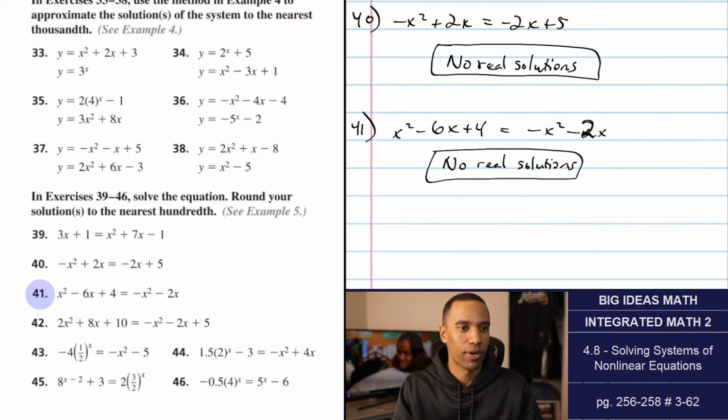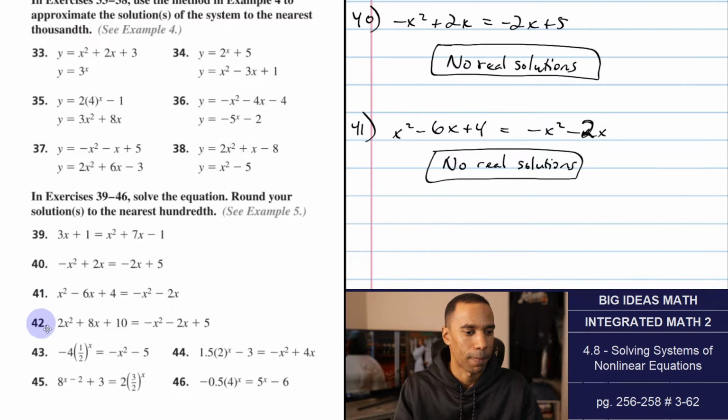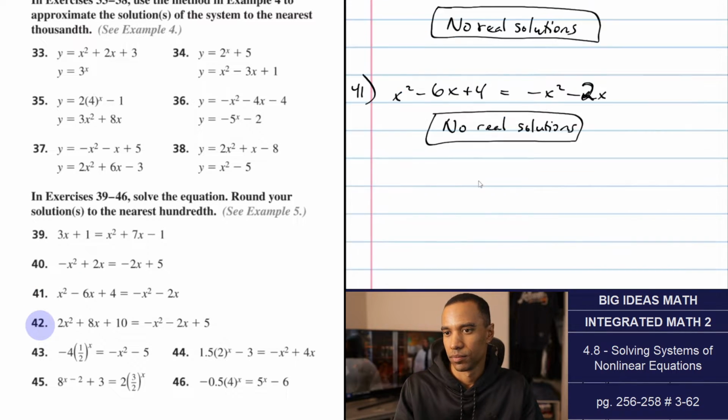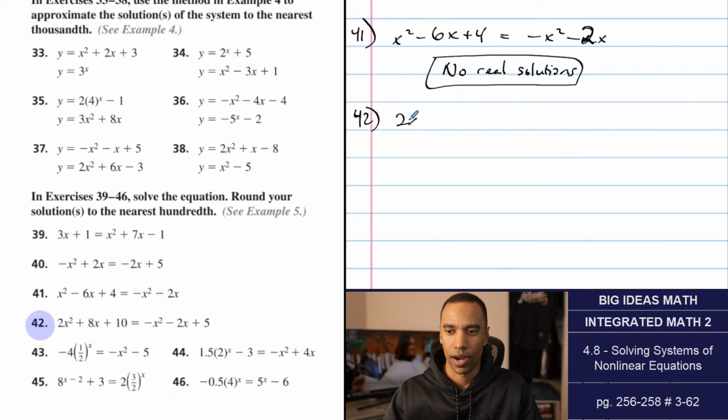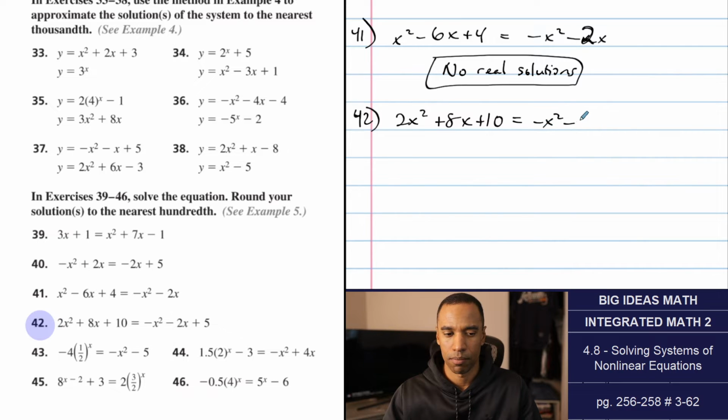All right, number 42. 2x squared plus 8x plus 10 equals negative x squared minus 2x plus 5.